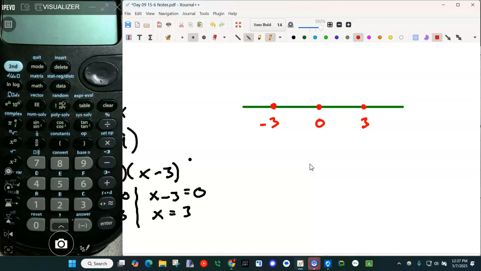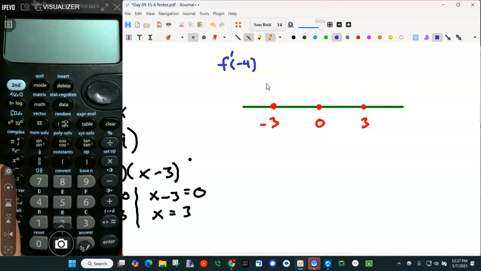And now I need to test some number between all of them. So let's say, what number less than negative 3 do you want to use? Any number less than negative 3. So we could do negative 4. Right? And then use your calculator to find out what f prime of negative 4 is.